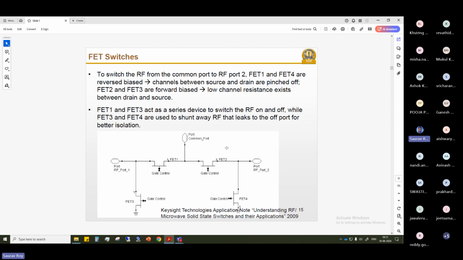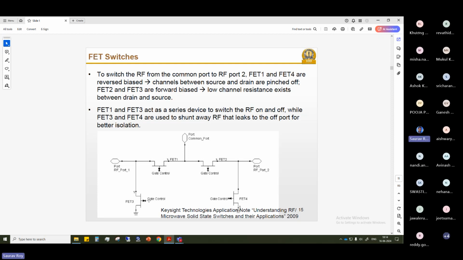Now see what happens. If we just want to switch off the RF from common port to port 2, if we don't want this signal to go to port 2, FET1 and FET4 are reverse biased, and definitely FET2 and FET3 are forward biased.